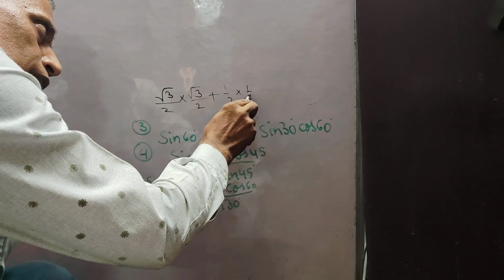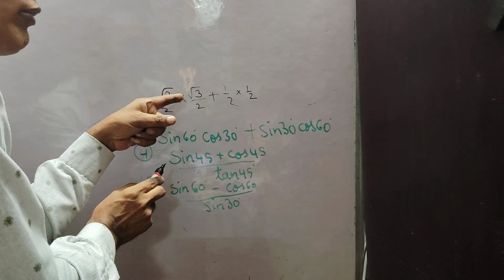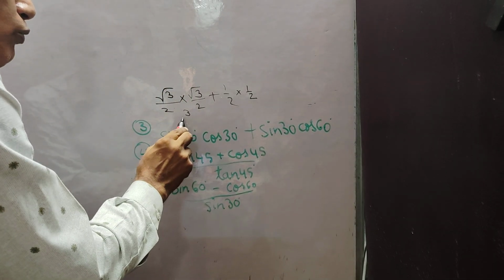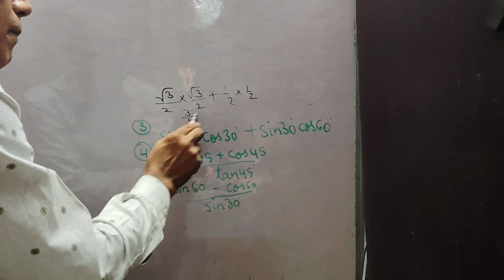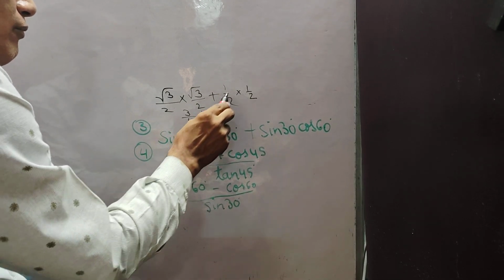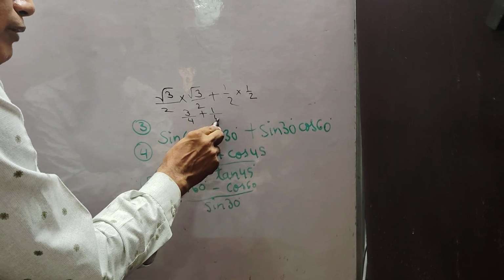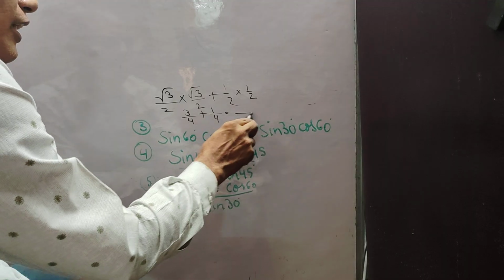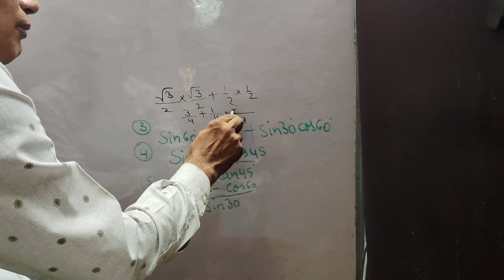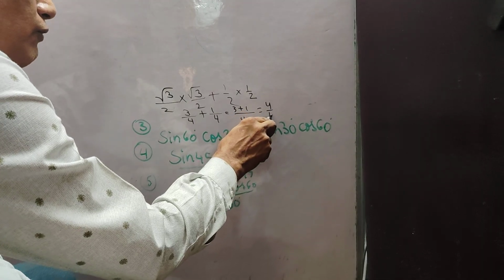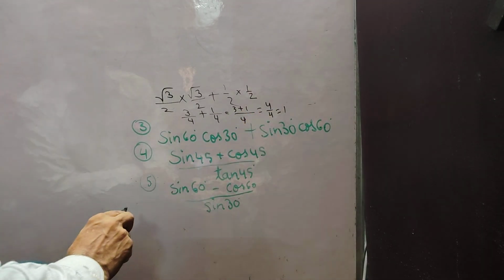Half. Multiplying, in numerator square root 3 into square root 3 becomes 3, and denominator 2 times 2 becomes 4. Similarly in second term, 1 times 1 numerator becomes 1 and denominator becomes 4. Taking LCM as 4, 3 plus 1 in numerator gives us 4. 4 over 4 is 1. 1 is the answer.